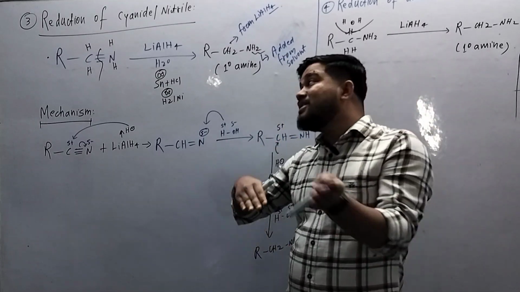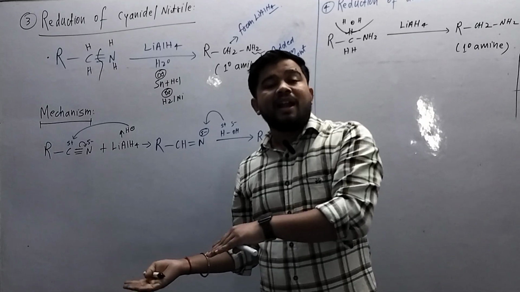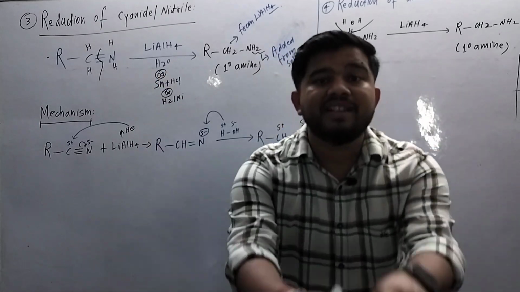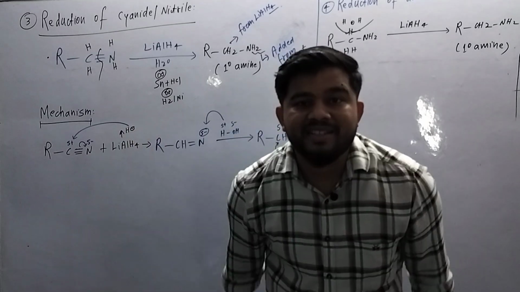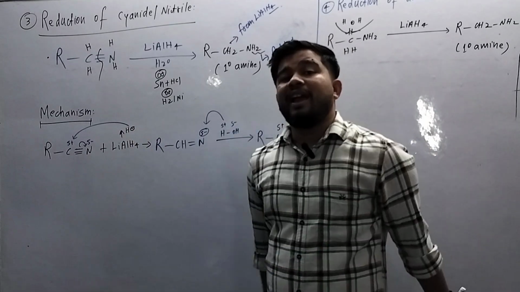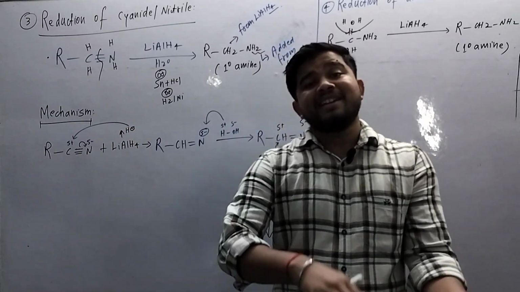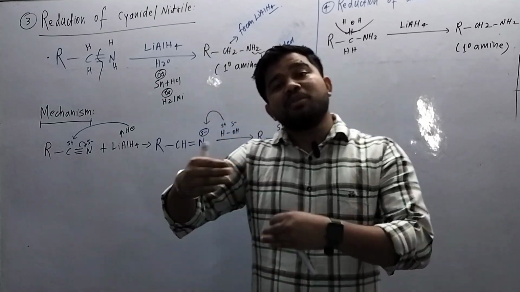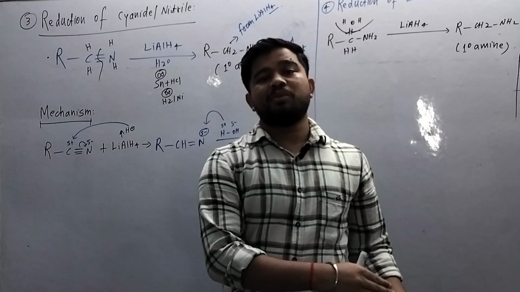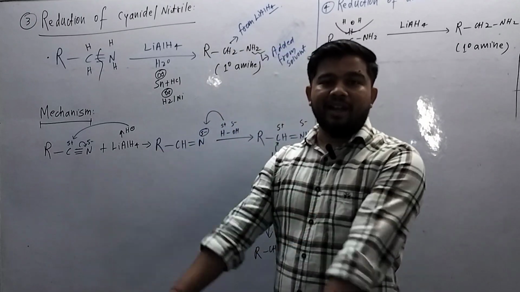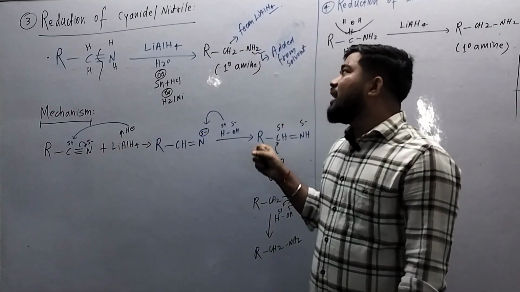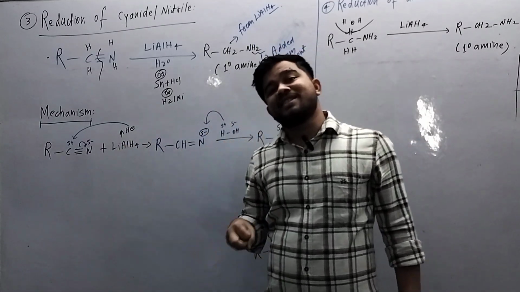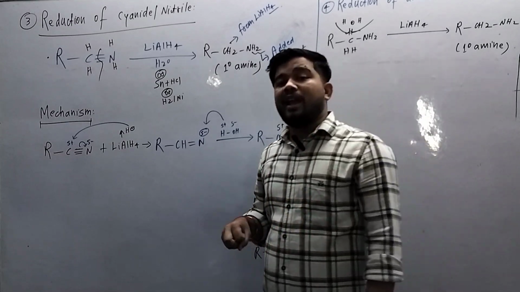Our amine is a 1 degree amine, and the major step of the reaction is that the alkyl halide undergoes an SN2 reaction. If you take aryl halide as the alkyl halide, then it will not react with the substituted amide. So we only prepare 1 degree amine from the Gabriel phthalimide synthesis.